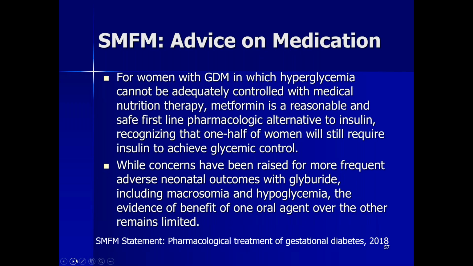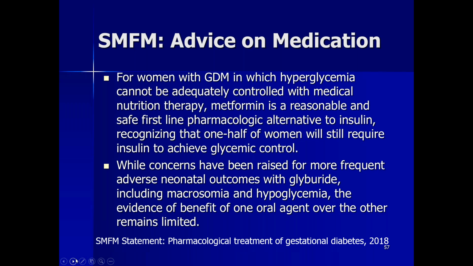Here's the SMFM advice on medication that I've been referencing, and this came out in 2018. For women with gestational diabetes in which hyperglycemia cannot be adequately controlled with medical nutrition therapy, metformin is a reasonable and safe first-line pharmacologic alternative to insulin, recognizing that 1/2 of women will still require insulin to achieve glycemic control.